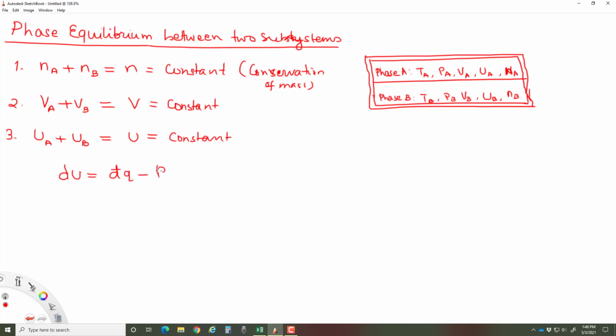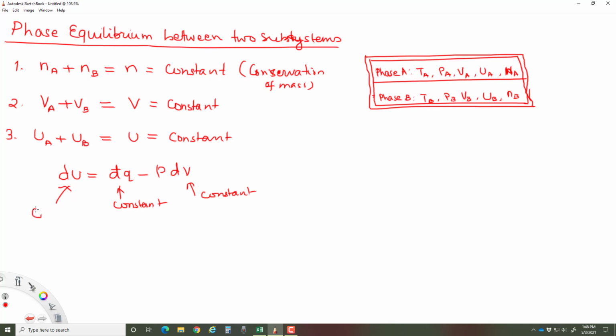There is no heat entering or leaving the system, so this is constant, and also the total volume is constant, and that makes this dU also constant.